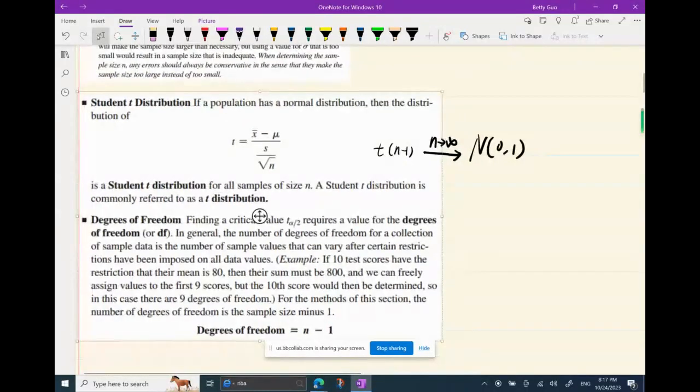He worked for a brewery, but for work reasons he needed to find a distribution that could accommodate small sample size. So he discovered, I would not say invented, because the distribution was already there, the T distribution.